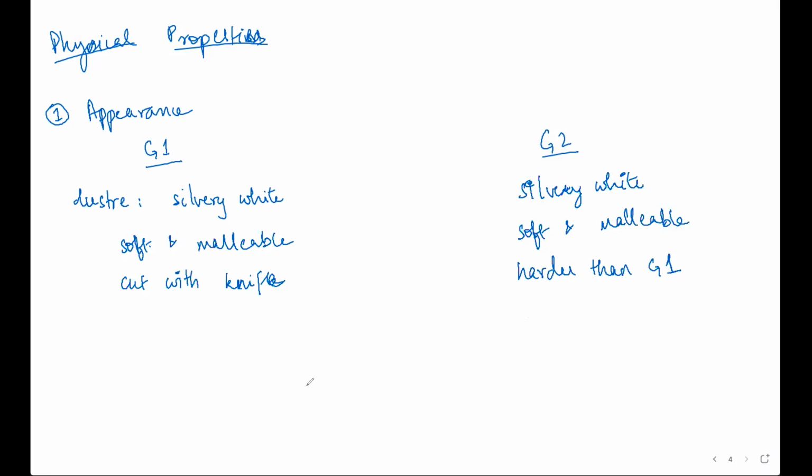Next, density. What can you say about densities of group 1 and group 2? Group 2 metals are more dense than group 1.